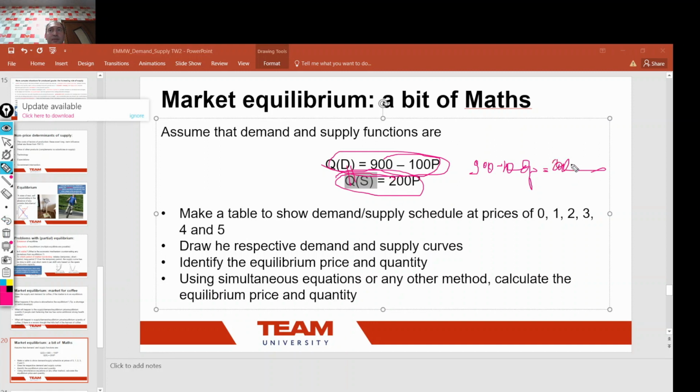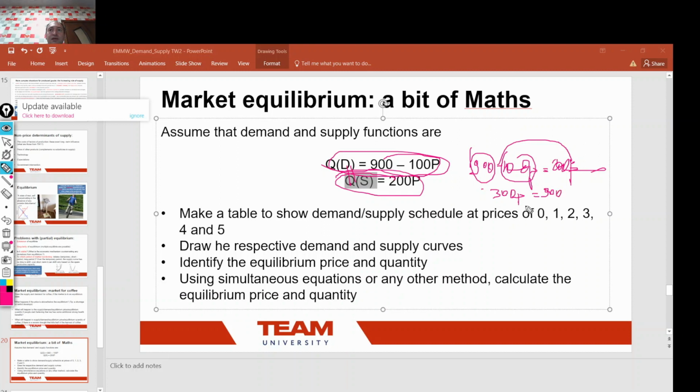Let's move p to one side and leave numbers on the other. So then with minus, it moves to that side with a plus sign, the sign inverse. So we have 200p plus 100p, 300p on one side, and the only thing remaining on the other side is 900.